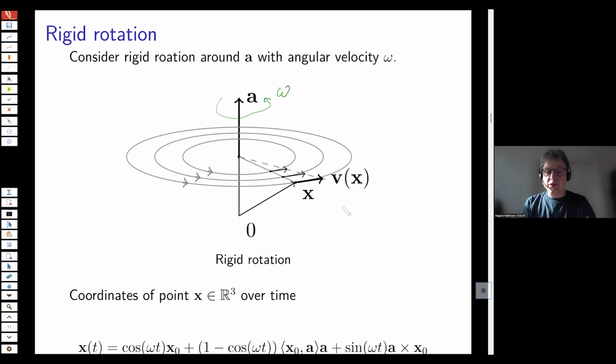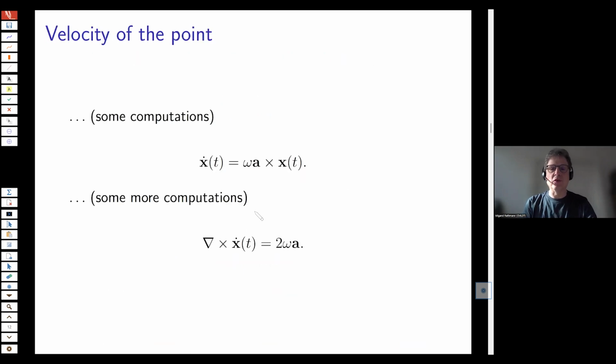I hope you can see the last line. This is a description of the point over time when we rotate around the axis A. And what happens now, you will not be very surprised, when we differentiate with respect to time, and then we make some computations.